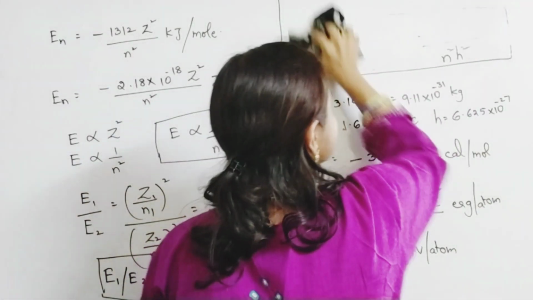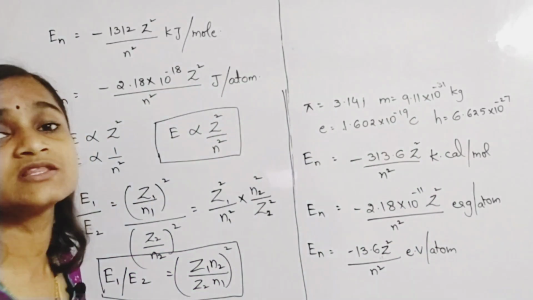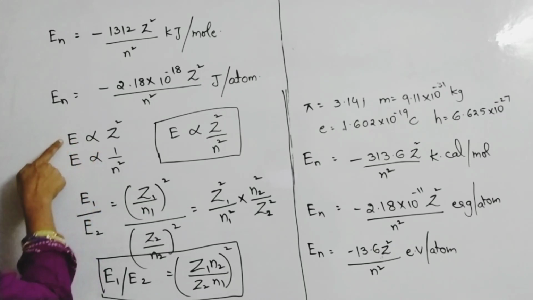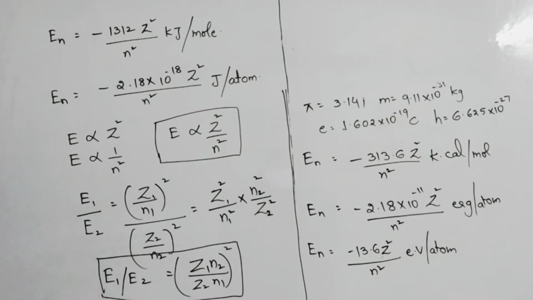Separately means sometimes they will ask for the relation between energy and orbit number. Please understand the points carefully. Based on these two equations, you can write one more way.